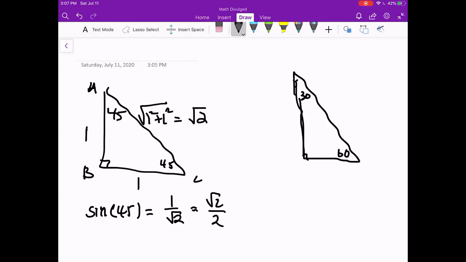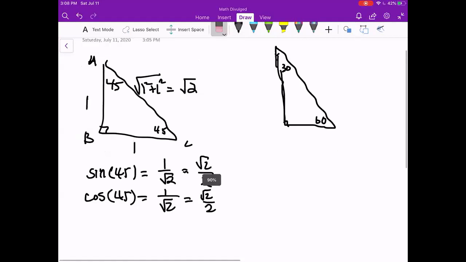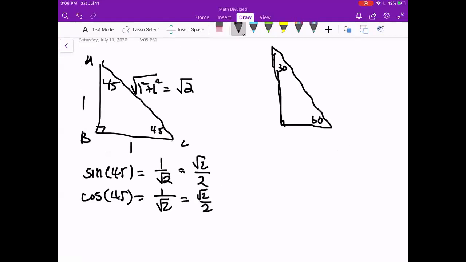Now we can also take the cosine of it, but you'll find that it's actually the same thing because the side length that is adjacent to the 45-degree angle is equal to the side length that is opposite of it. So this is also 1 over root 2, which is root 2 over 2. And finally, we have the tangent. Let me move the screen down a bit. The tangent of this value is just 1 because we have 1 divided by 1.